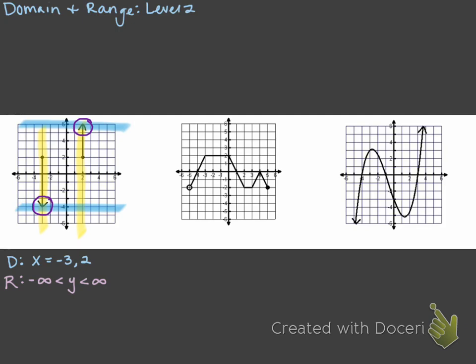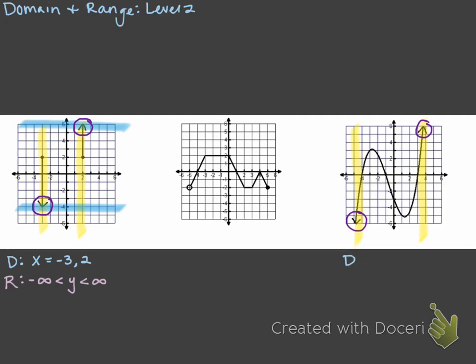All right, so for our third graph, once again, we can think of boxing this in. So we look at our x values from left to right, but what we notice here is that these two arrows will always continue to go more to the left and more to the right.